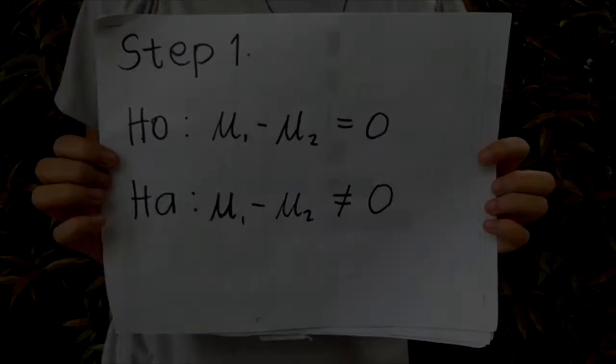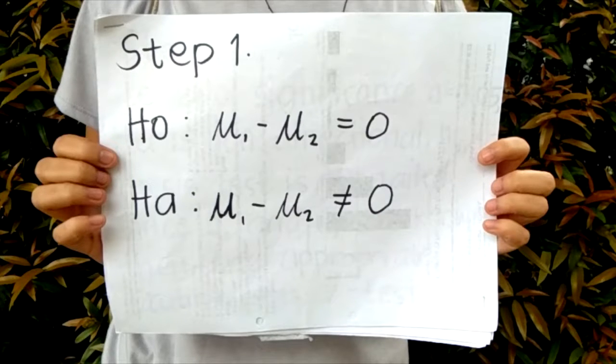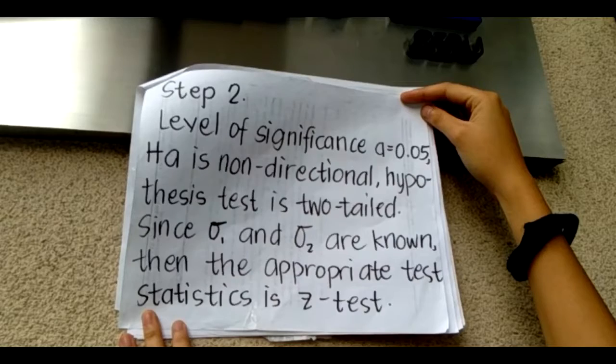Solutions. Step number 1. State the null and the alternative hypothesis. In the problem, our null hypothesis or H0 is mean sub 1 minus mean sub 2 is equal to 0, while our alternative hypothesis or Ha is mean sub 1 minus mean sub 2 is not equal to 0. Step 2.